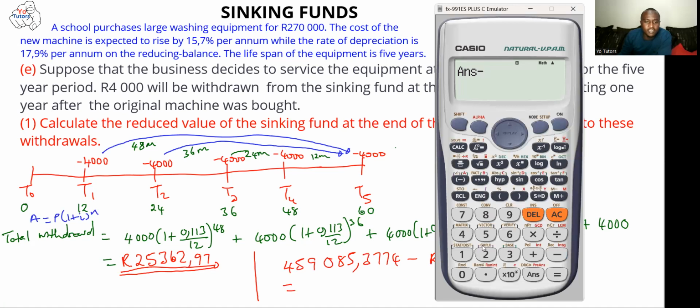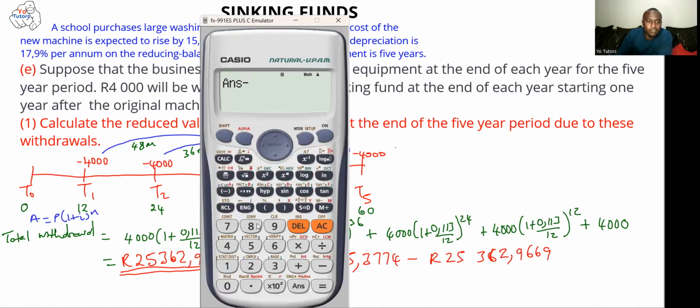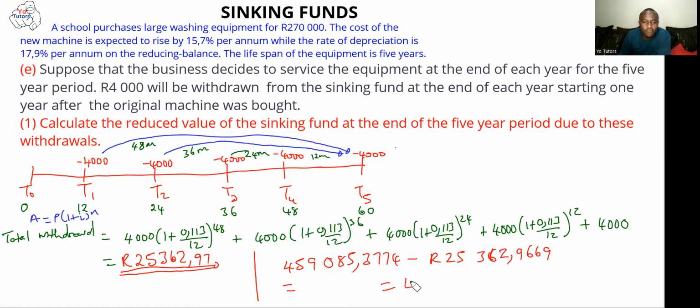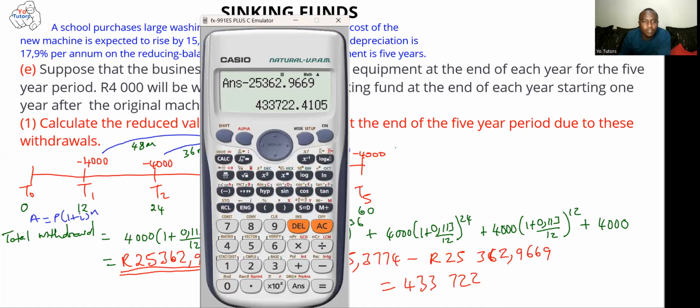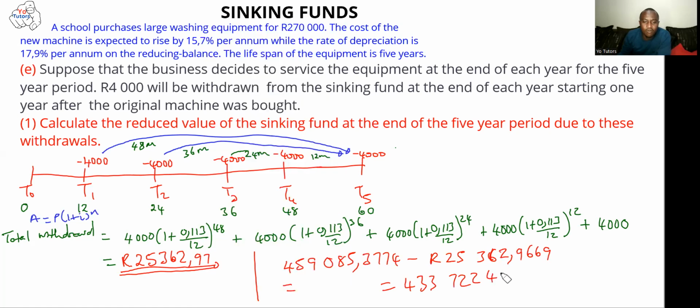Minus 25,362.9669. This is what we get. We get 433,722.441.